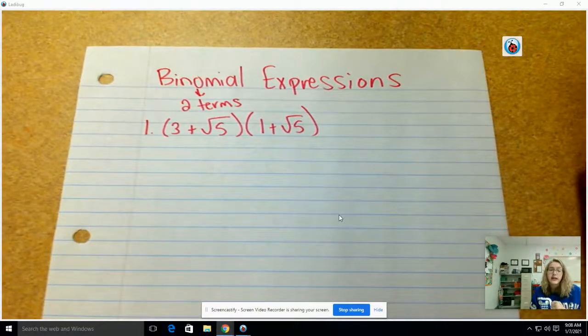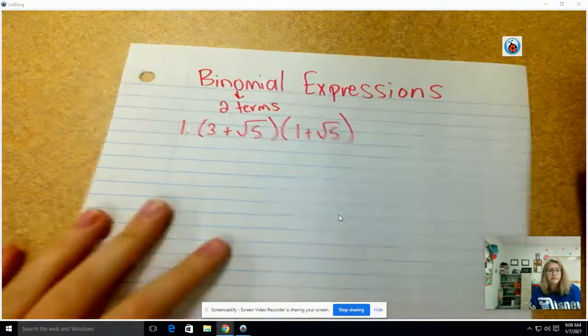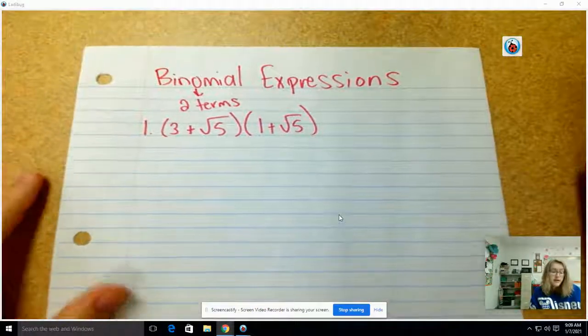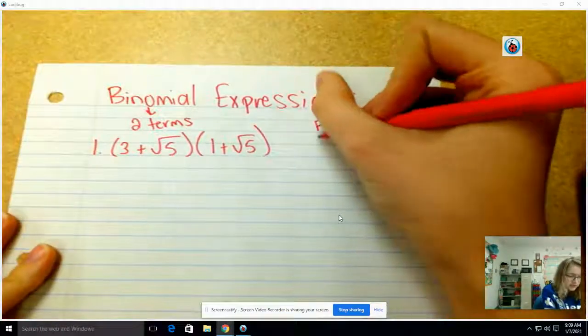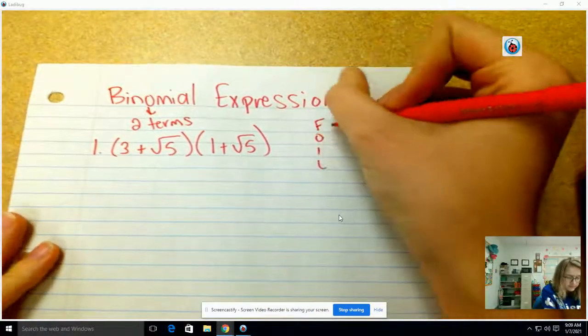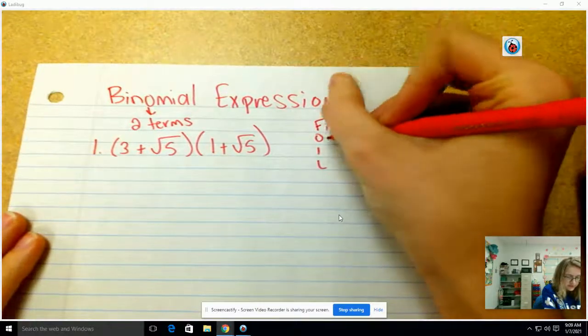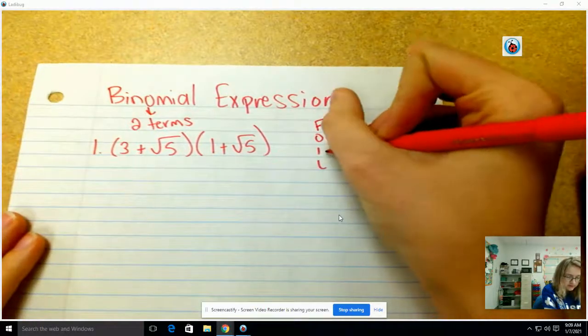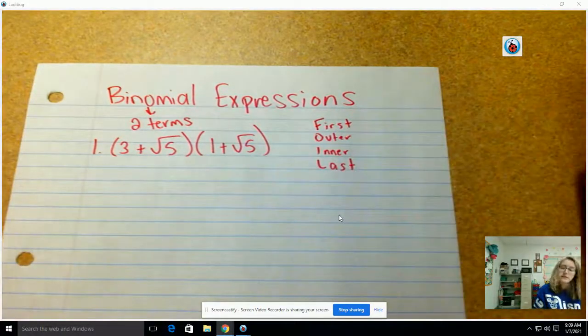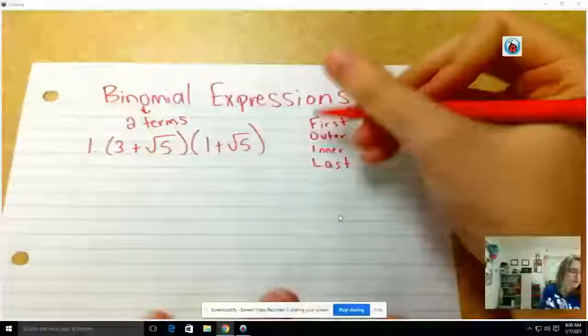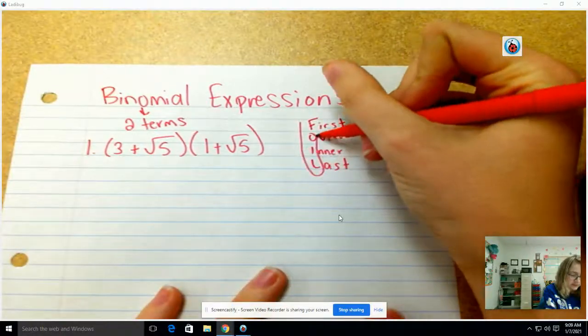It doesn't really matter what order you do it in as long as you multiply all the correct things that need to be multiplied. Foiling is the term we often use, and it stands for first, outer, inner, last.